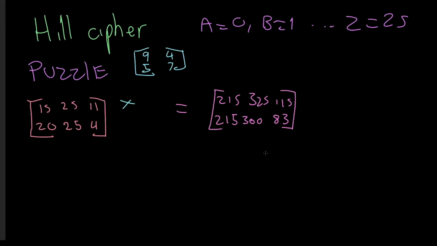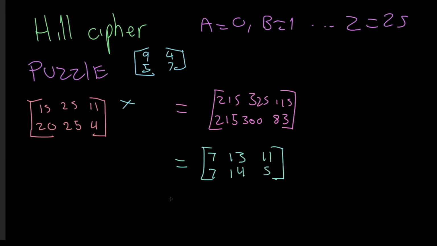We can perform what's called a mod. A mod is just finding the remainder. If you're unfamiliar with that, just look up a tutorial on how to do it. It's very, very simple to do. So I'm going to perform mod 26 on this matrix. So that matrix there becomes 7, 7, 13, 14, 11, and 5.